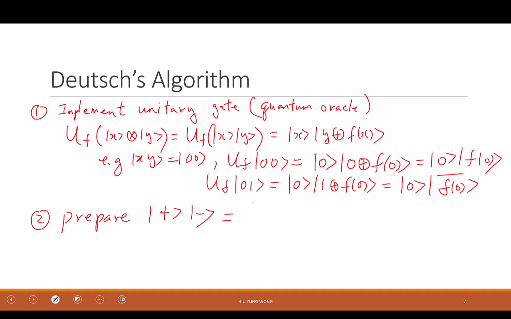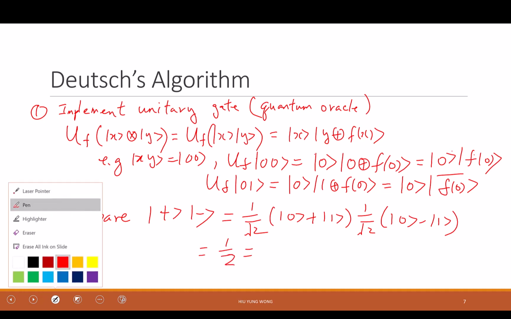Okay, and we just want to practice a little bit. What is plus? 0 plus 1, tensor product. What is minus? 0 minus 1. And then what we need to do is just go through the multiplication, right?